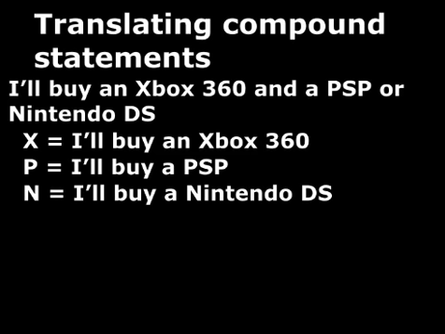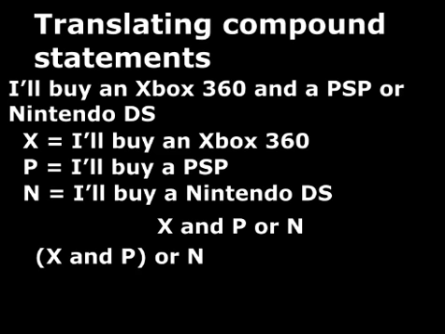Now when I plug these in, I get X and P or N. Now this is ambiguous. There's 2 different ways you could interpret this sentence. You could say, and this is the first interpretation, this whole thing is a disjunction. Maybe the disjunction is the main operator. The first disjunct is this conjunction X and P, and the second disjunct is the statement N.